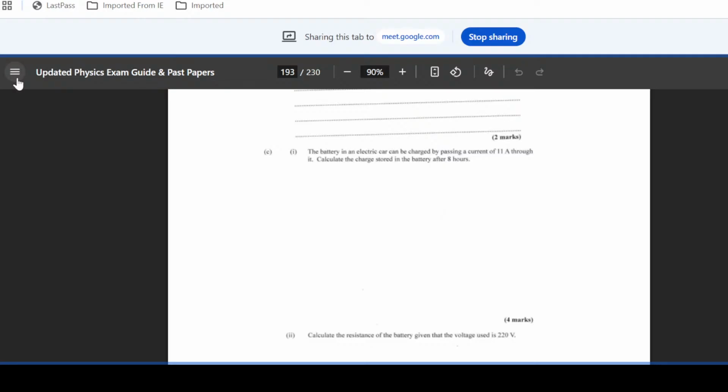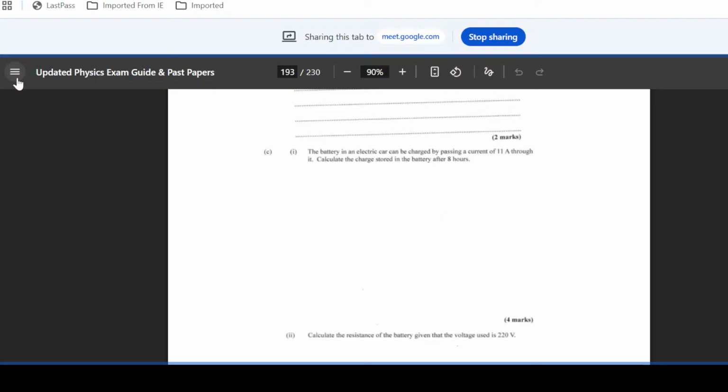So which equation could we use? V equals IR.